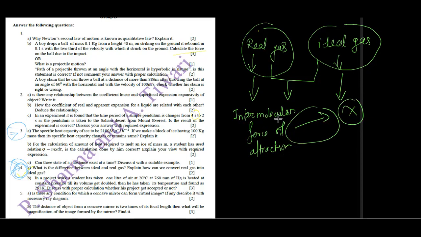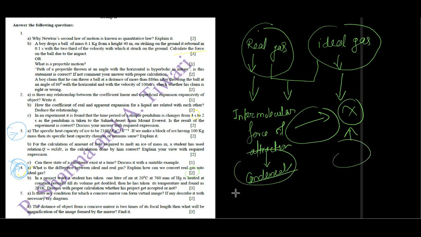That's why we can say that real gas can be condensed, but ideal gas cannot be condensed. So the question weightage is too much, that's why we can write here: real gas has intermolecular force of attraction, ideal gas has no intermolecular force of attraction. Real gas can be condensed, ideal gas cannot be condensed.